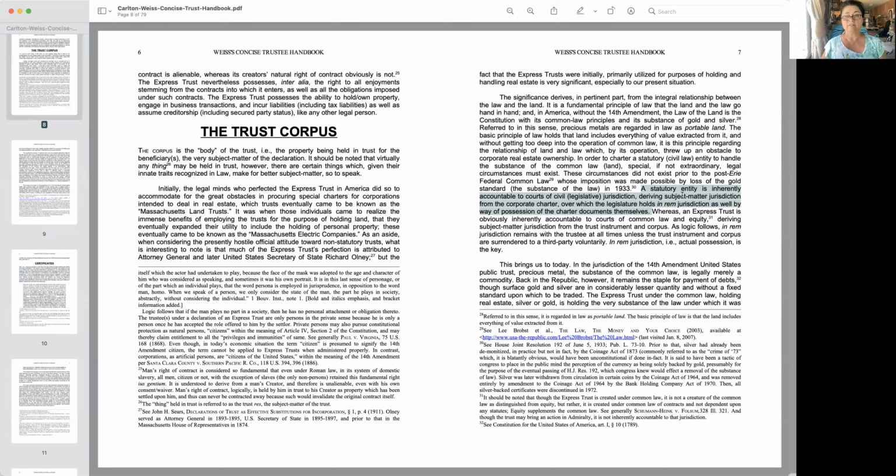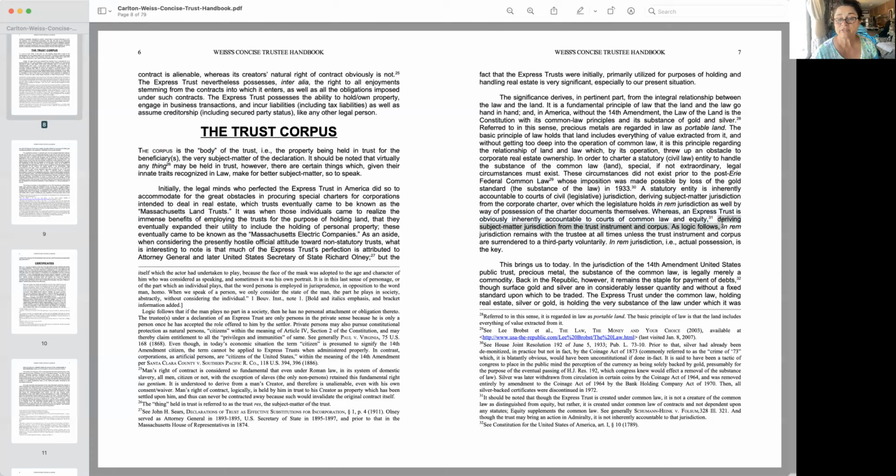This is good. We're on page 7 here. Wow, I just learned something about in rem jurisdiction. That's about property. Whereas an express trust is obviously inherently accountable to courts of common law and equity. Ooh, so an express trust is obviously inherently accountable to courts of common law and equity.